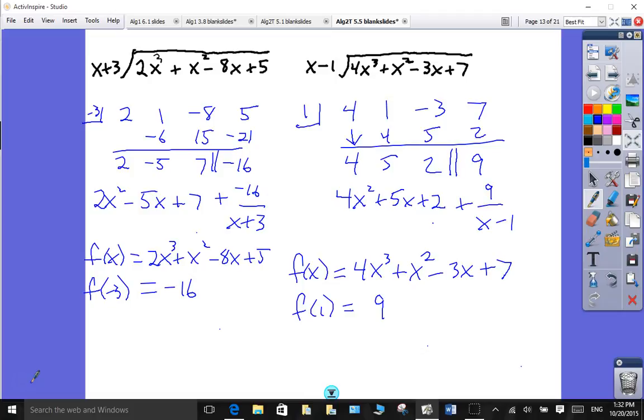So if you want to evaluate a polynomial function really easily, you do synthetic division. Just write down your coefficients, put whatever value you're trying to evaluate the function at, and the remainder is it. Like this one over here, because we use 1, you don't change it. If I want to find f of 1, I don't make it negative 1 like this where I change it. No, f of 1 is 1.